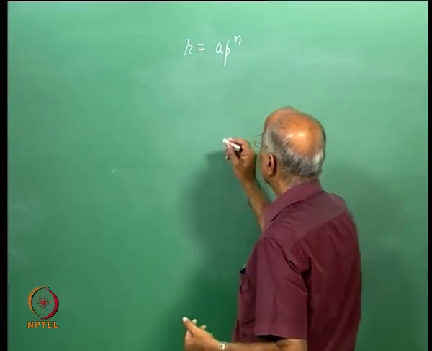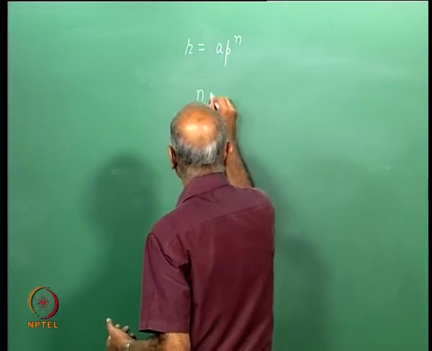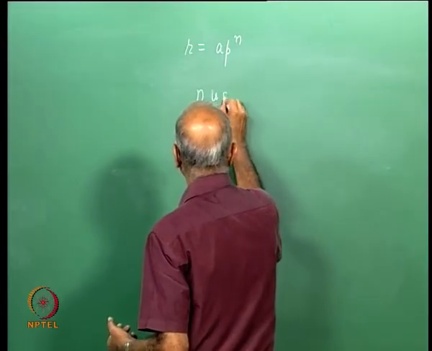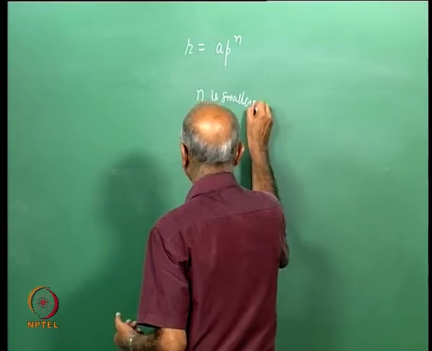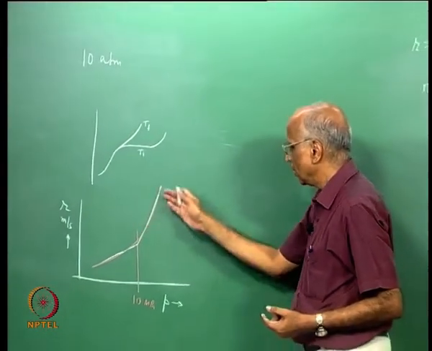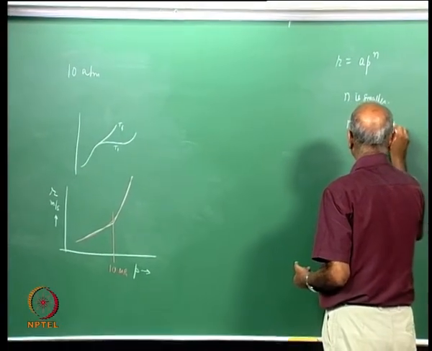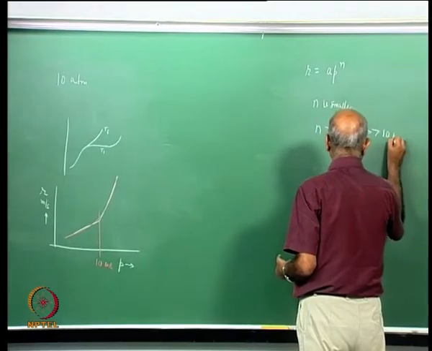Then we tell ourselves that at low pressures the value of n is smaller, and at high pressures, when you have higher temperature driving the heat conduction, the value of n becomes greater. n is larger when P is very much greater than 10 MPa.